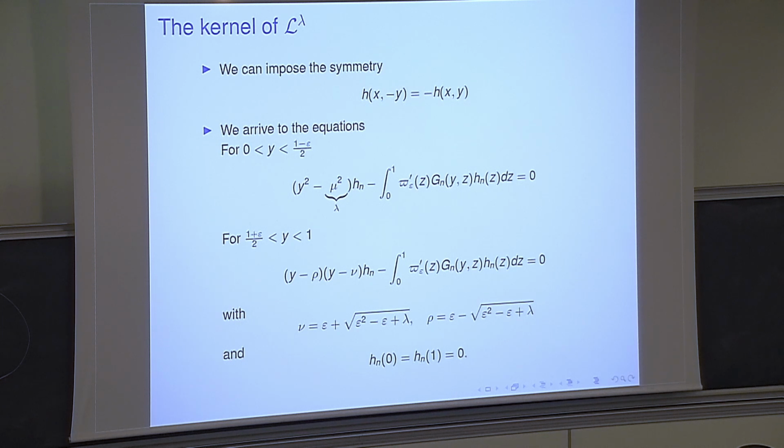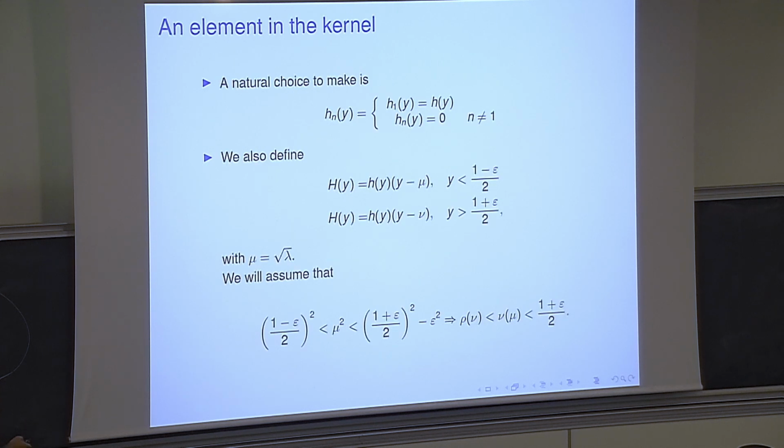Okay. So from now on, you just have to remember that nu is something that depends on lambda, which is just mu squared. So nu is something that depends on mu, and the dependence is explicit. So how do we solve this equation?